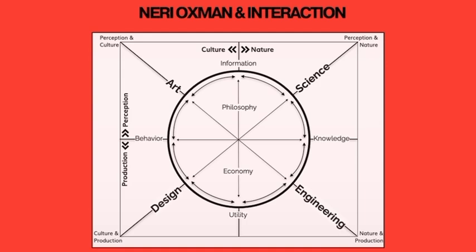Oxman explains that the real innovation happens between the domains, at the moment of transition where disciplines overlap and influence each other. The Krebs cycle of creativity is valued for illustrating the interplay between science, engineering, design, and art, encouraging cross-disciplinary thinking.